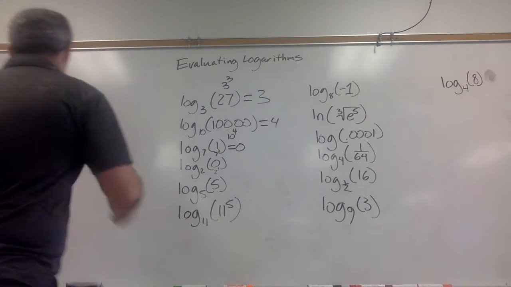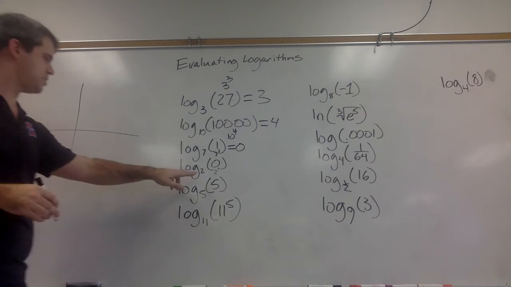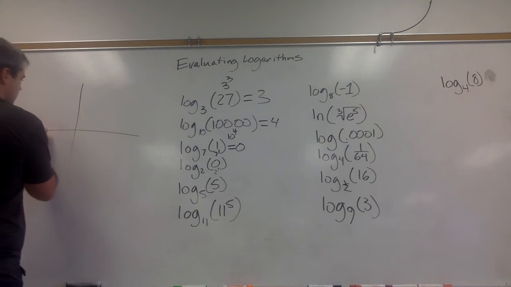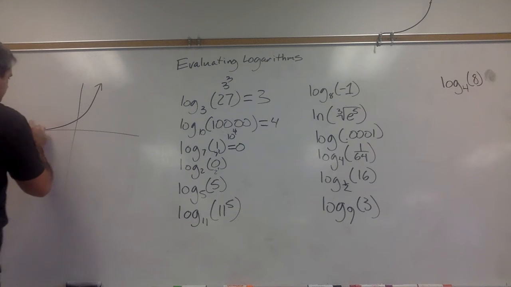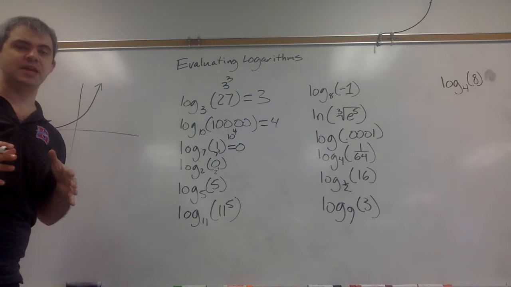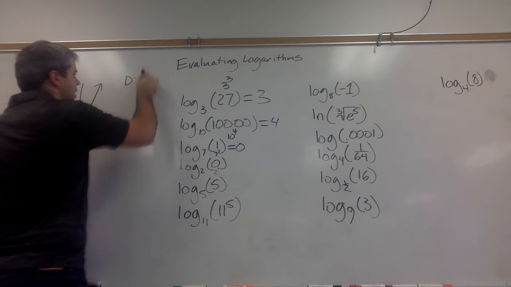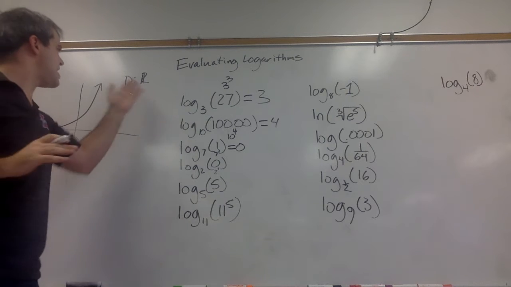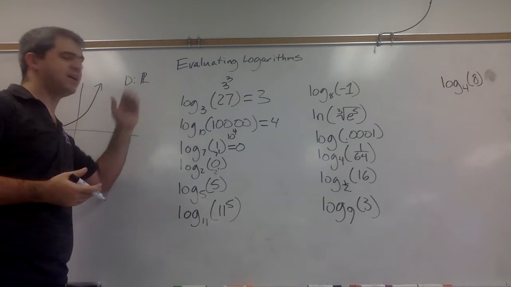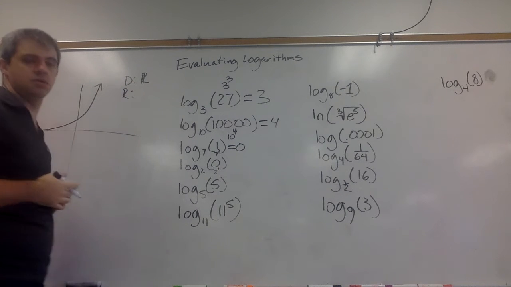So real quick, the exponential function that we did before: what is the domain of this function? Well, the domain is all real numbers. We can put anything into our exponential function. What's the range?